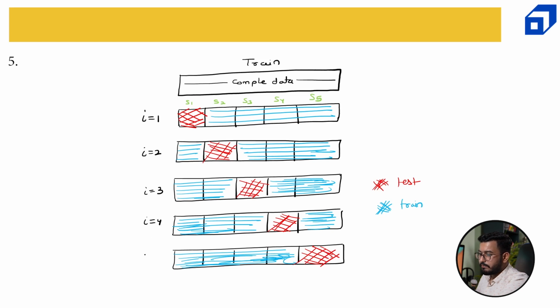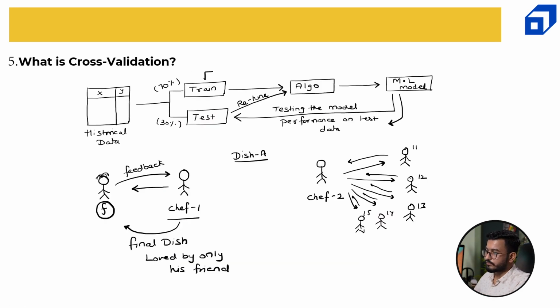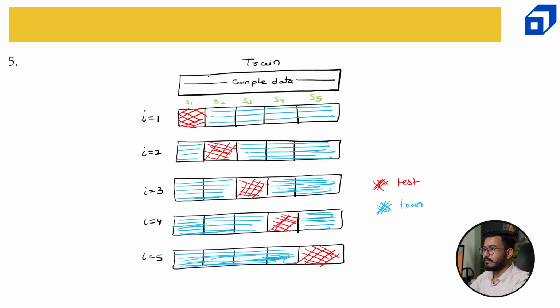Now what is happening here? From the same train data which I had previously, we have created multiple sub data frames or sub samples, and now I am not providing my machine learning model with the complete train data, but a chunk of the data, and the left out region I am using as test.